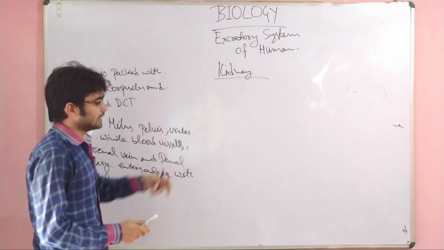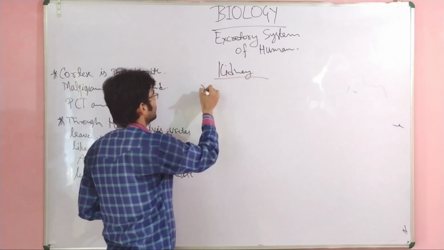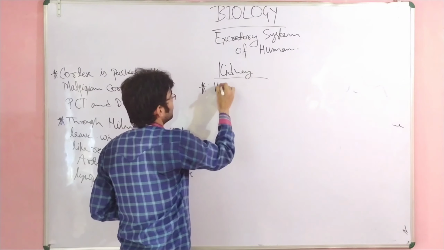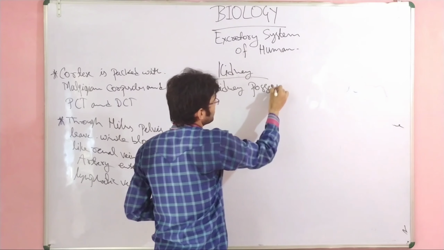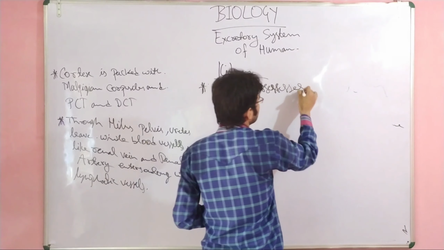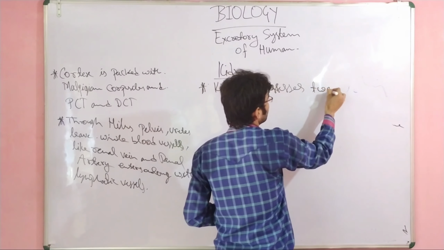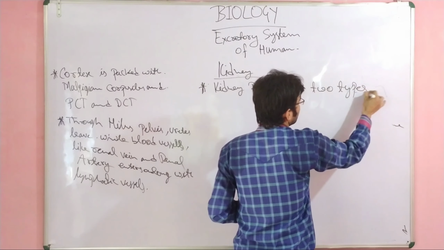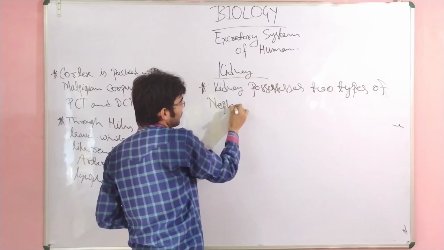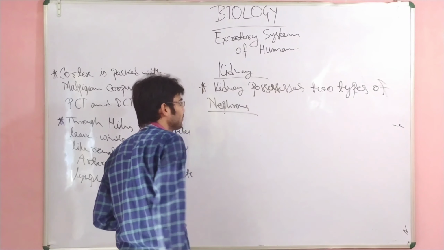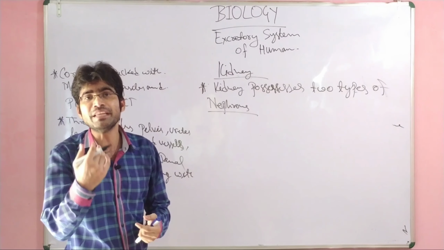Students, see, the kidney possesses, remember this, two types of nephrons. And as you know, nephrons are the structural and functional unit of the kidney.